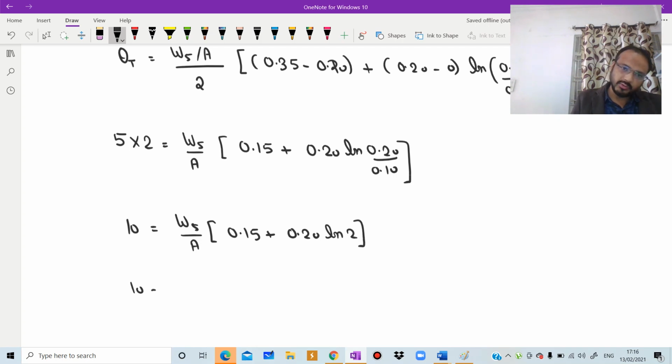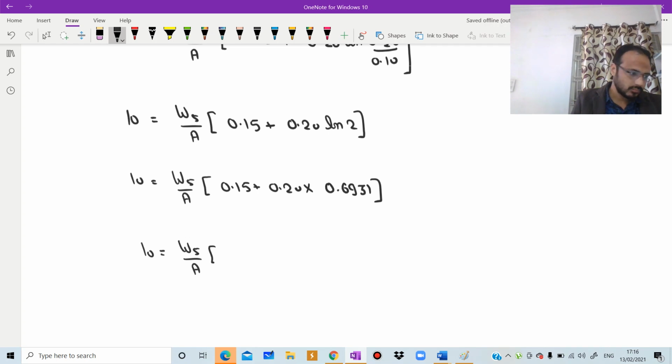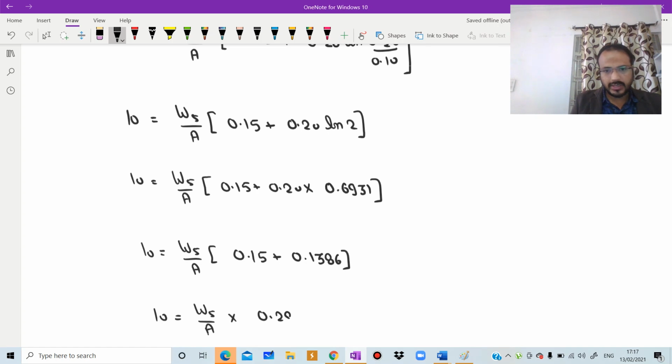We know that the value of ln 2 is 0.6931. Once we put the value of ln 2 and solve it, we will get 10 is equal to Ws by A times 0.15 plus 0.1386, so 10 is equal to Ws by A times 0.2886.